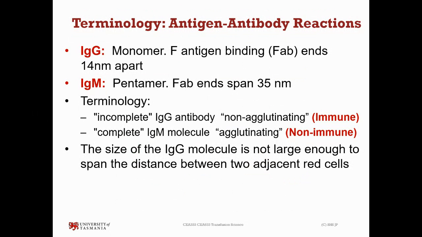So a bit more terminology. I think this is terminology that you have heard before. I think we talked about this in HEM 2, about the fact that IgG are perhaps known as incomplete or non-agglutinating antibodies, whereas IgM are known as complete and agglutinating antibodies.